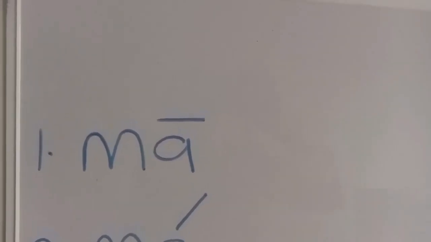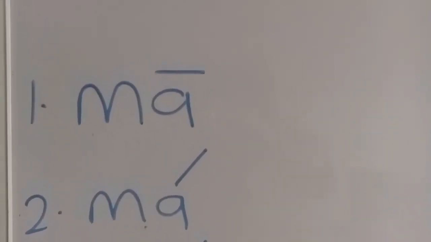The first one will be pronounced ma. The second one will be ma. The third one will be ma. The fourth one will be ma. The first one has a flat tone on the A. That is why I went ma.